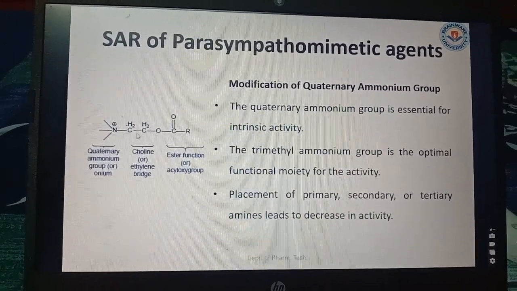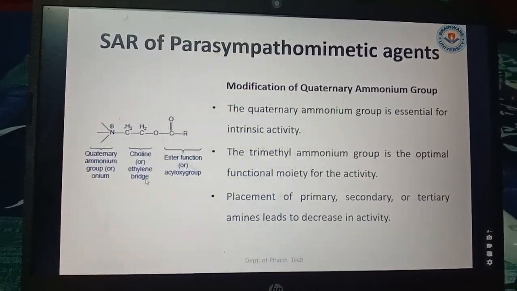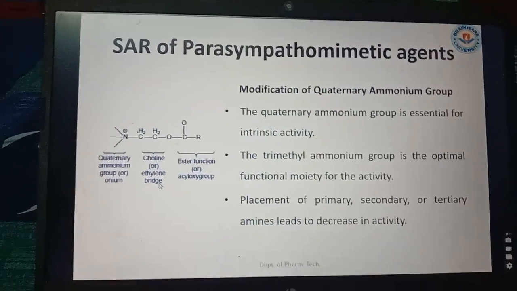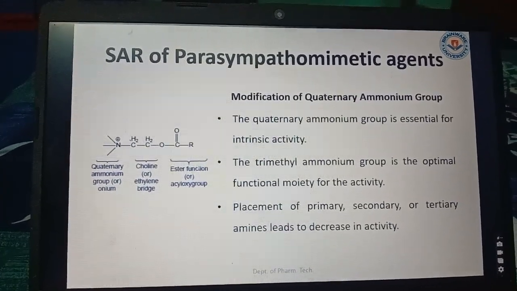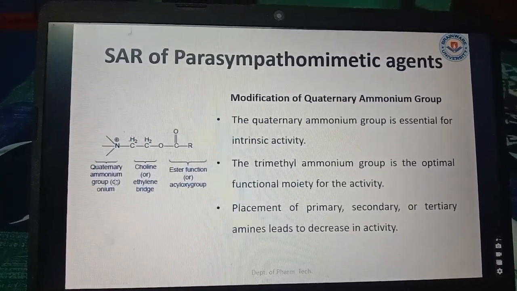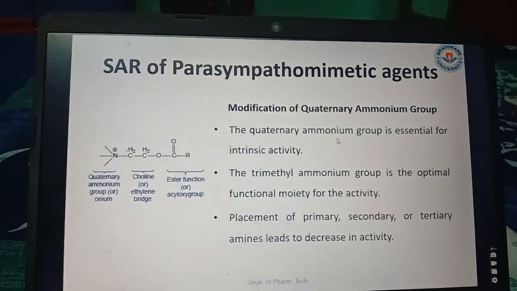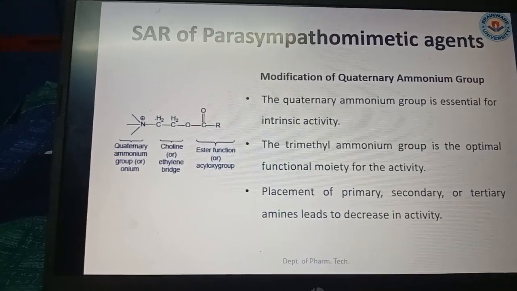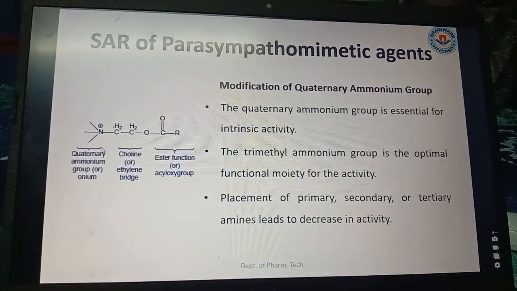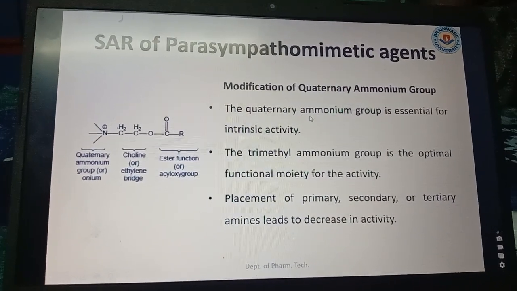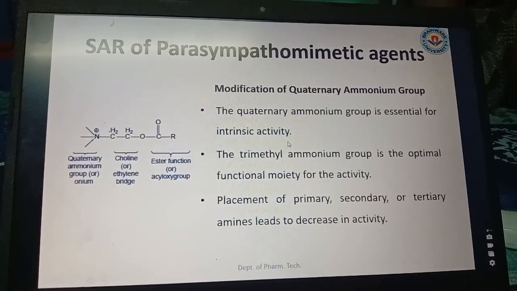So this choline or ethylene bridge is here, and the ester function group here, and the quaternary ammonium group. So modification of the quaternary ammonium group, that means if this quaternary ammonium group is modified, the quaternary ammonium group is essential for the intrinsic activity.